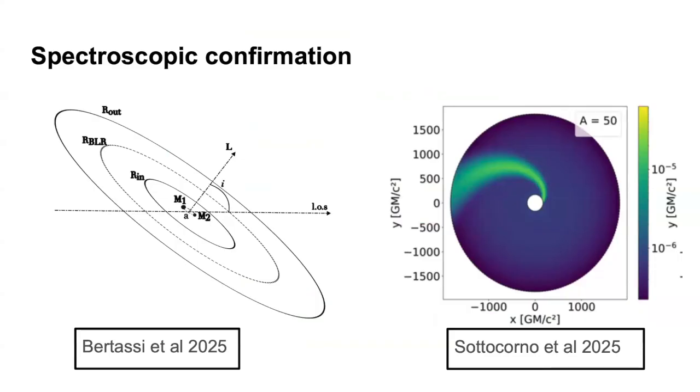In particular, when the two black holes are close enough, they will be surrounded by a single broad line region that responds to the combined signal of the two massive black holes. Of course, this broad line region can have a certain emissivity profile, and in this case, we assumed it to have a spiral arm, just to allow it to describe nearly all the broad emission line profiles that we observe in spectroscopy.